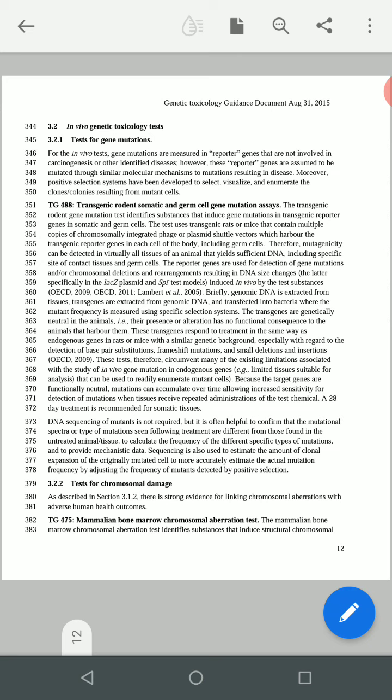The third one is the in vitro micronucleus test. These three tests are used to classify whether a substance induces changes in the structure of the DNA or changes in the structure of the chromosome.